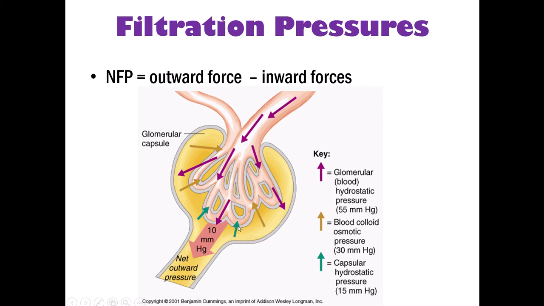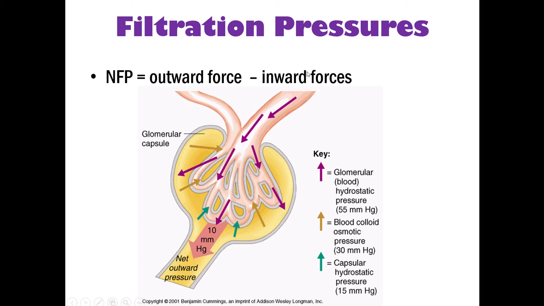Now, there are also 2 inward forces. As the capsular space fills with fluid, that fluid also exerts a hydrostatic pressure, pushing fluids and solutes back into the capillary. And then the plasma proteins, which are generally too large to be filtered, remain in the blood inside the capillary, and they exert a pull that pulls fluids and solutes back into the glomerulus.